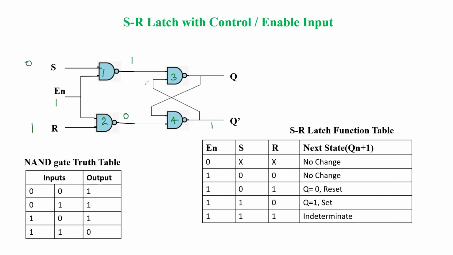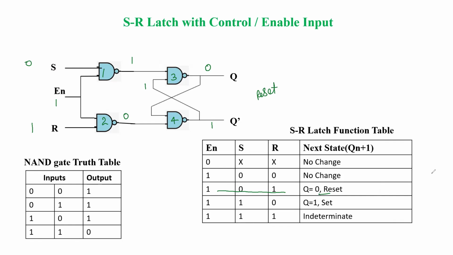This 1 is given back as input to NAND gate 3. So both inputs are 1, and the output of that NAND gate is 0. Finally, this gives us Q as 0 and Q dash as 1. So this is the condition of the reset, and now the device enters the reset state.